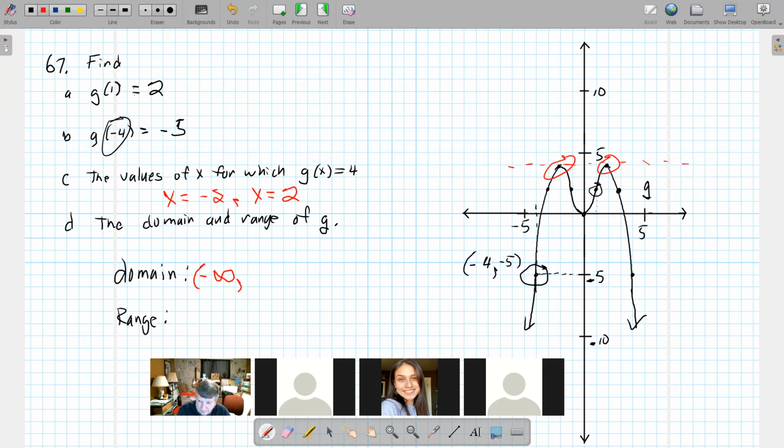You don't even need to be looking at the top half. What's the domain? What's happening right here? It keeps going. Which way? It goes negative in terms of y. What is it doing in terms of x? Positive. How far? Infinitely.